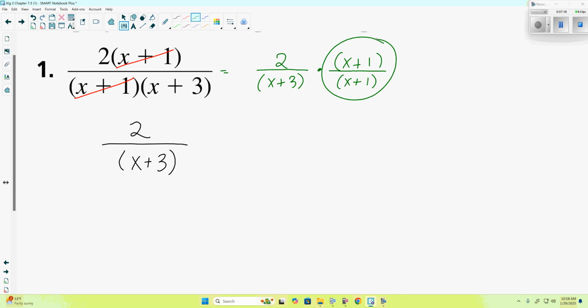We can do this with multiplication. We can't do it if it's just being added. Because what is x plus 1 divided by x plus 1? Anything divided by itself is 1. So this whole term reduces to 1. So we're saying 2 over x plus 3 times 1 is just 2 over x plus 3.